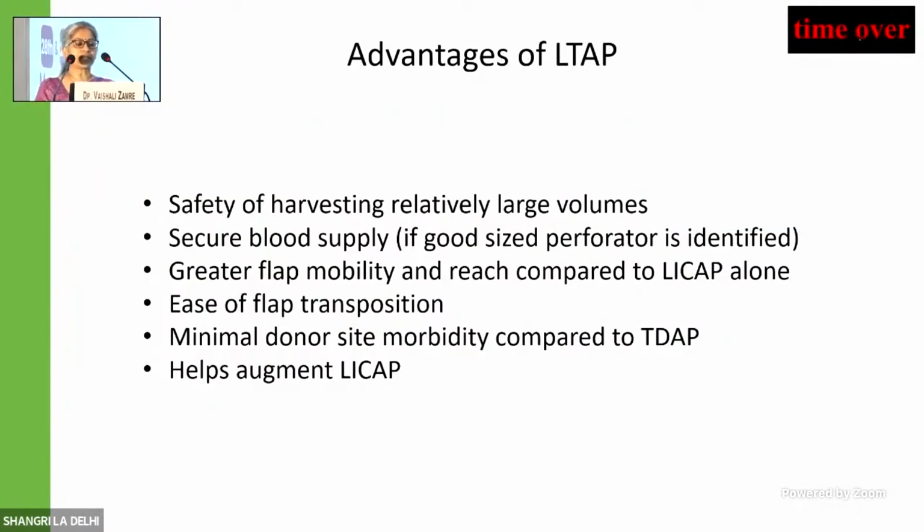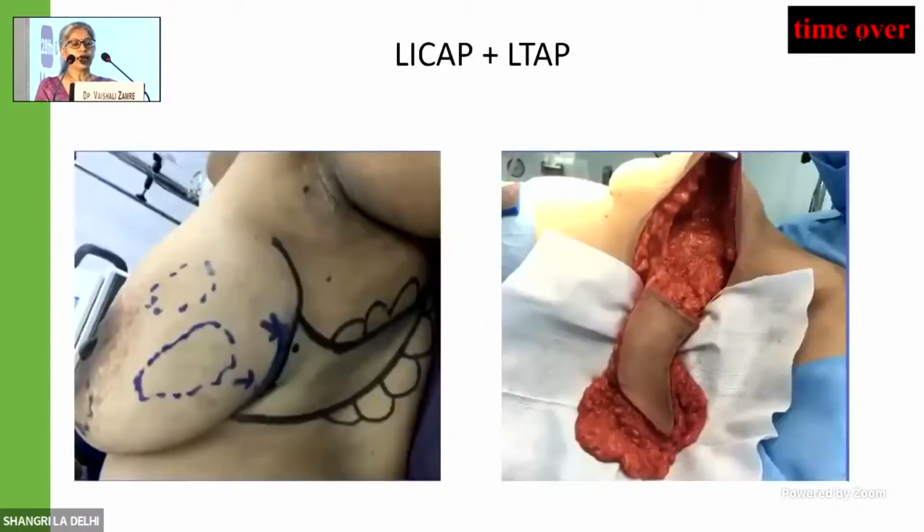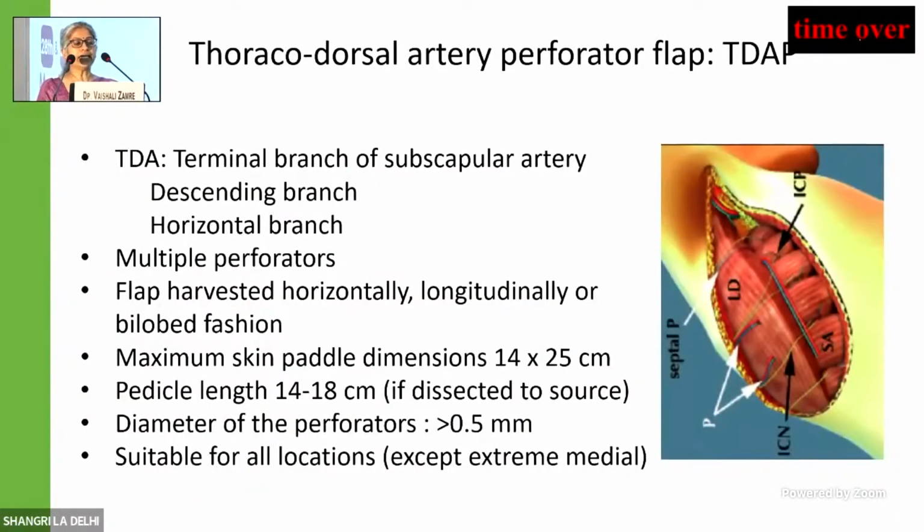Advantages: because of the larger caliber, you can replace a large volume of tissue, as you can see here. Then TDAP: the thoracodorsal artery has two branches, and both branches give multiple perforators. Because of these multiple perforators, the flap can be harvested either horizontally, longitudinally, or in a bilobed fashion.